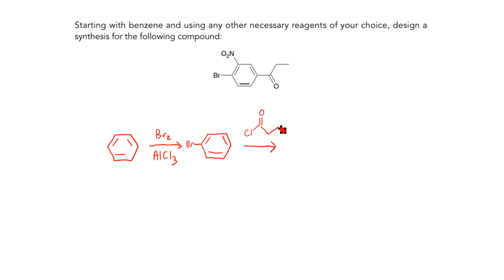And there's no problem with doing a Friedel-Crafts acylation around a weak deactivator. Remember, Br is a weak deactivator. Halogens are weak deactivators, but they're totally fine when it comes to doing an acylation. And you know it's going to go para, right? Because the ortho position is just more crowded.